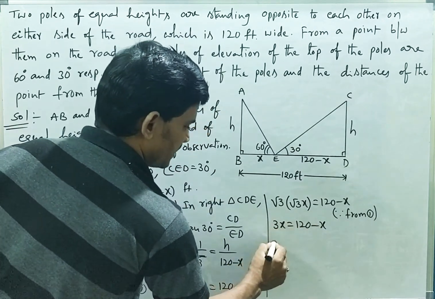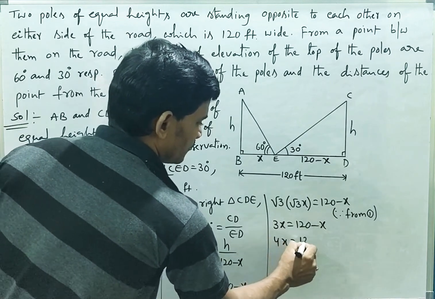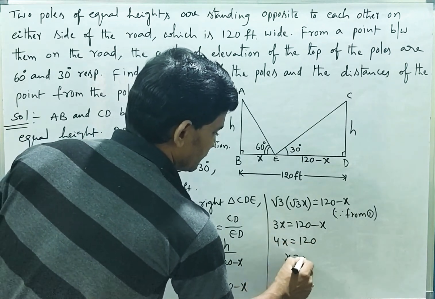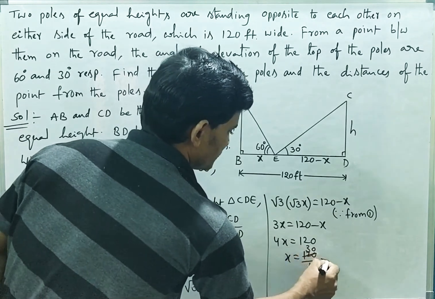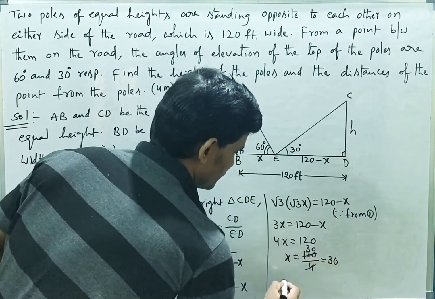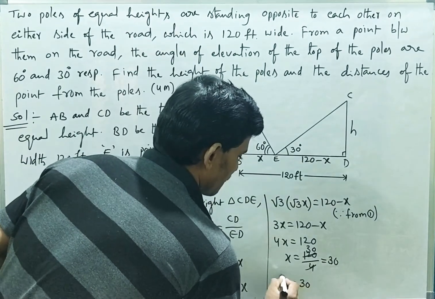Minus x becomes plus x. 3x plus x, 4x is equal to 120. x is equal to 120 by 4. That becomes 30. So x is equal to 30.